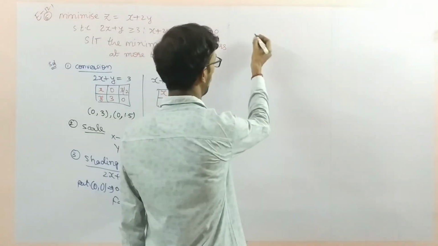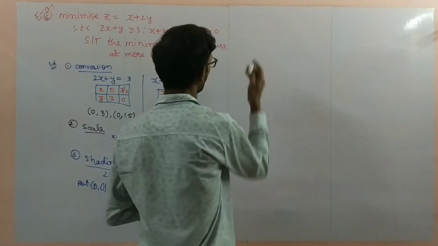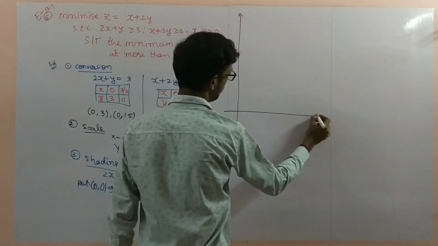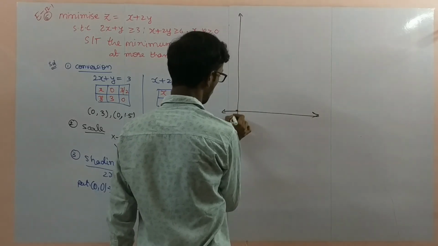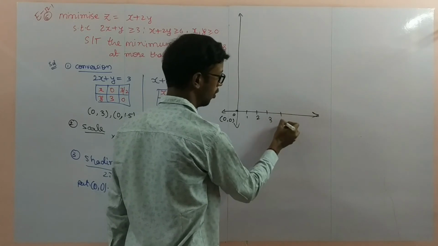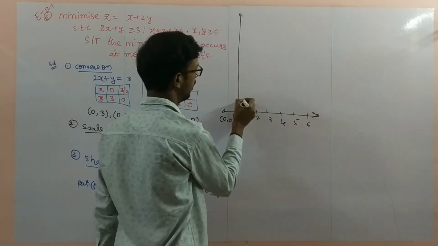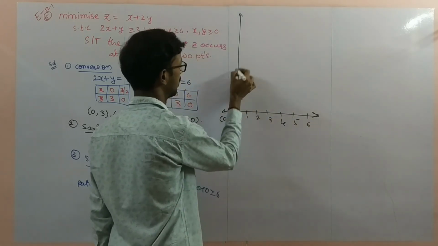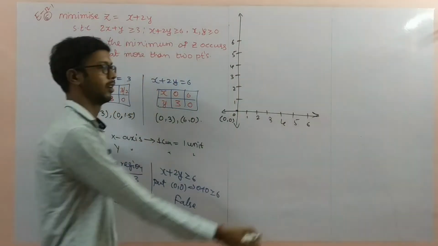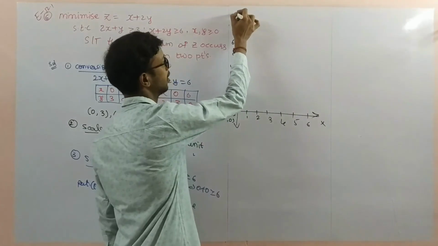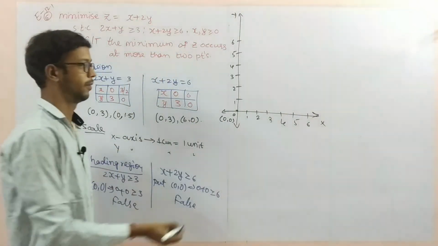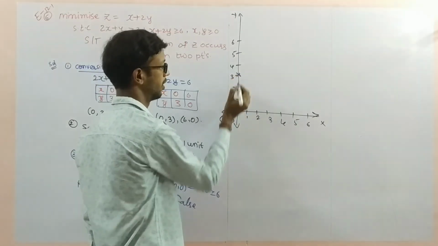Now you see the graph here. This point is O (0, 0), then 1, 2, 3, 4, 5, 6 on the x-axis and the same on the y-axis. First point is (0, 3): x is 0, y is 3.